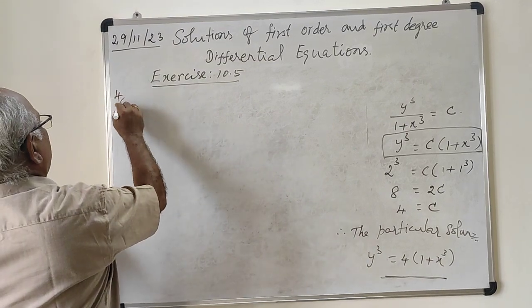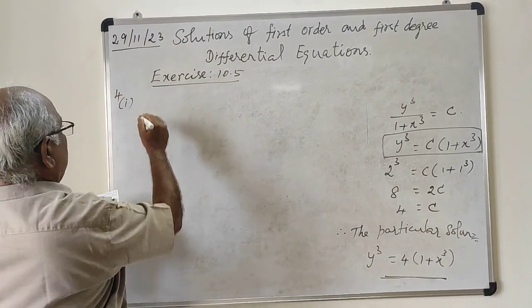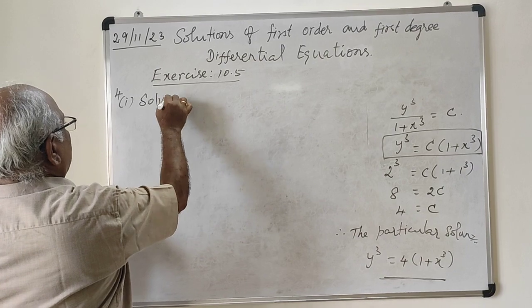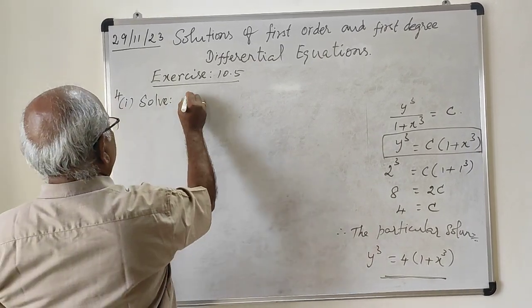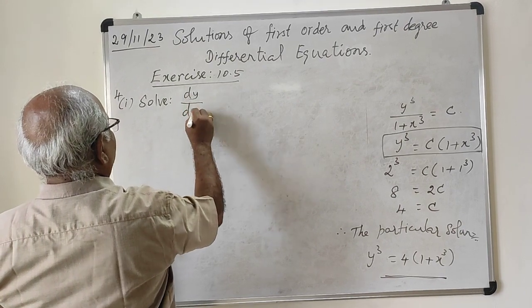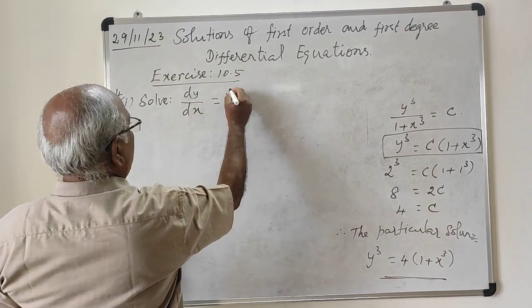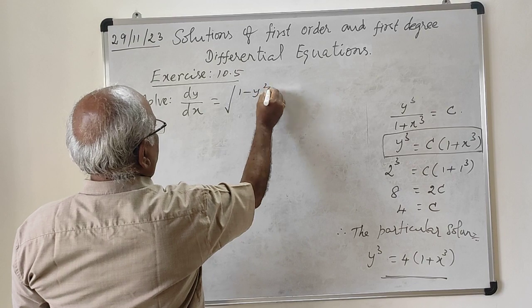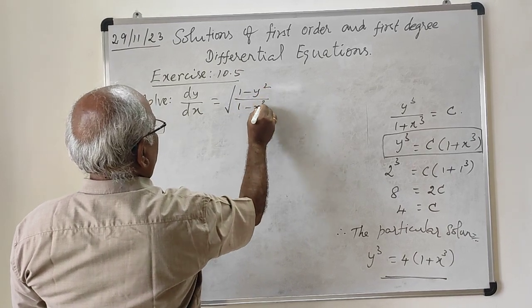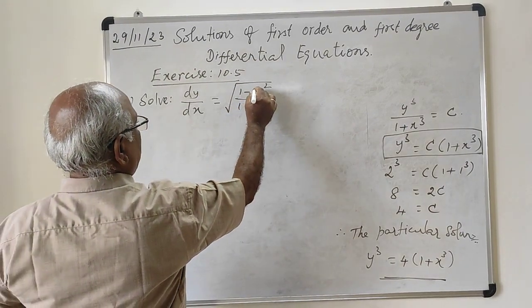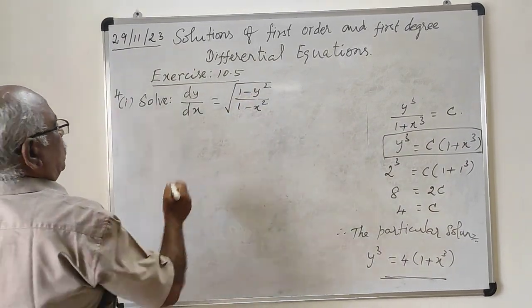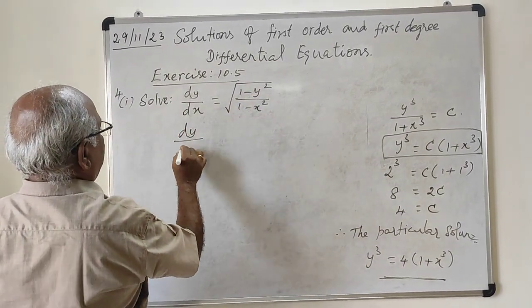In the problem number 4, fourth problem, the first subdivision, solve dy by dx equal to root of 1 minus y square by 1 minus x square. So you rewrite this, you have to separate the variables.